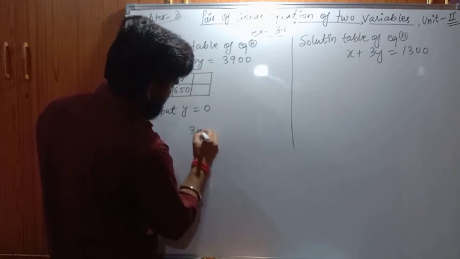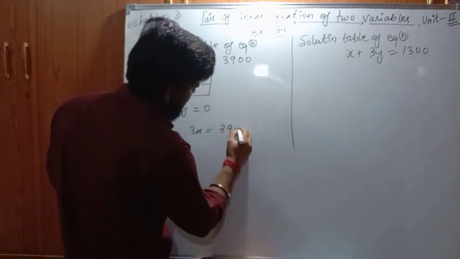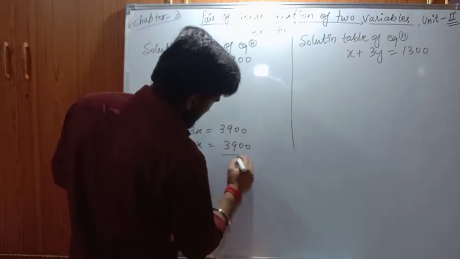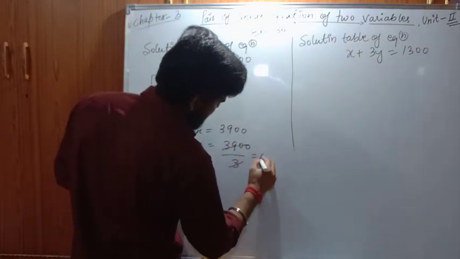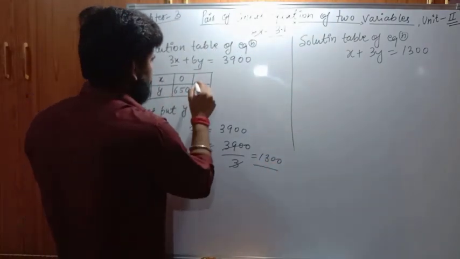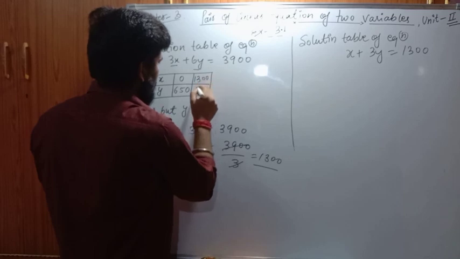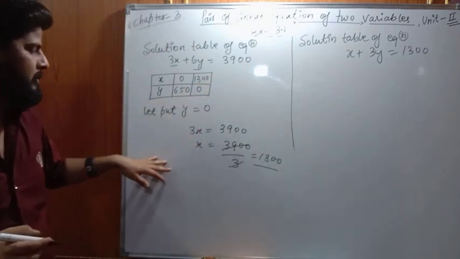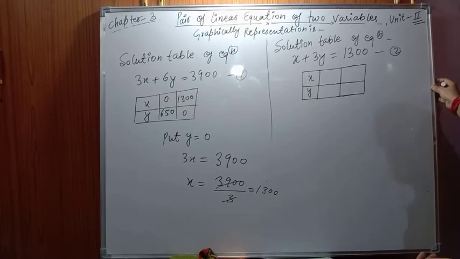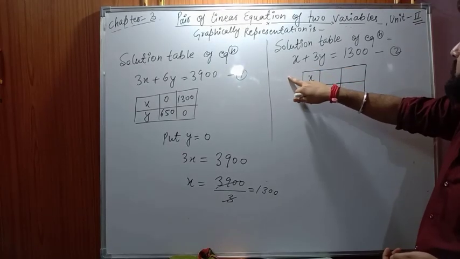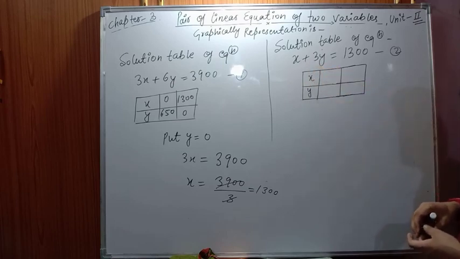So 3x equals 3900, x equals 3900 upon 3, and this is 1300. When y equals 0, then the value of x is 1300.